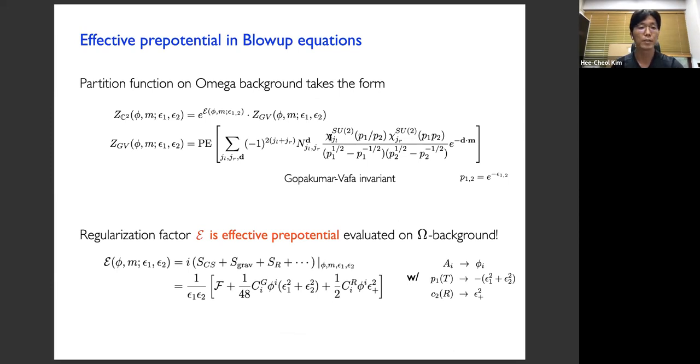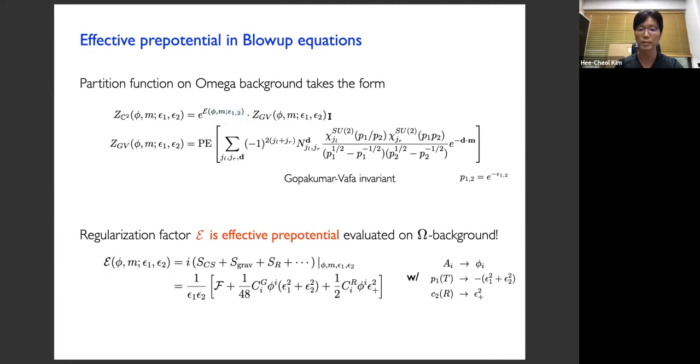Let me first explain the first input, which is the effective prepotential. The blowup equation is an equation for the partition function on the omega background, and this partition function factorizes in the following way. The first term is a prefactor, which is the collection of the regularization factors when you compute the partition function.